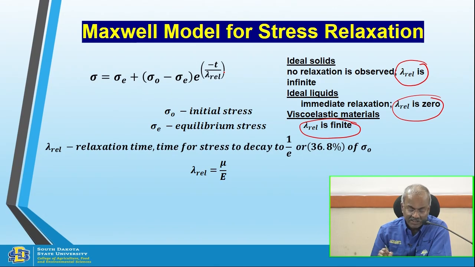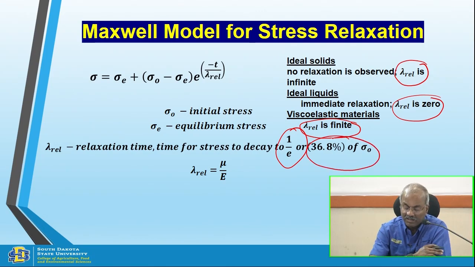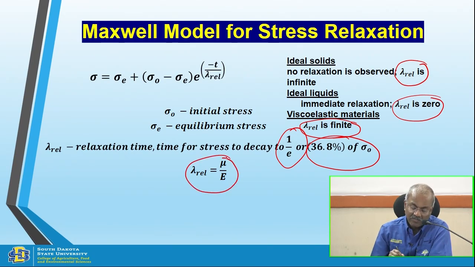So tau, the relaxation time, is where stress falls to 1 over e, or 36.8% of the initial stress value. And from that you can find the relaxation time, a function of viscosity over modulus of elasticity, and you can complete the process. Same thing here, we are finding out the theoretical viscosity.